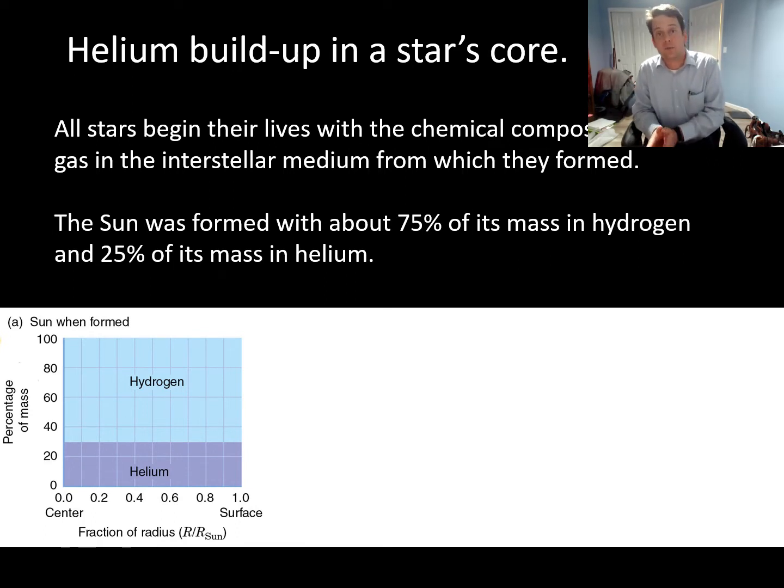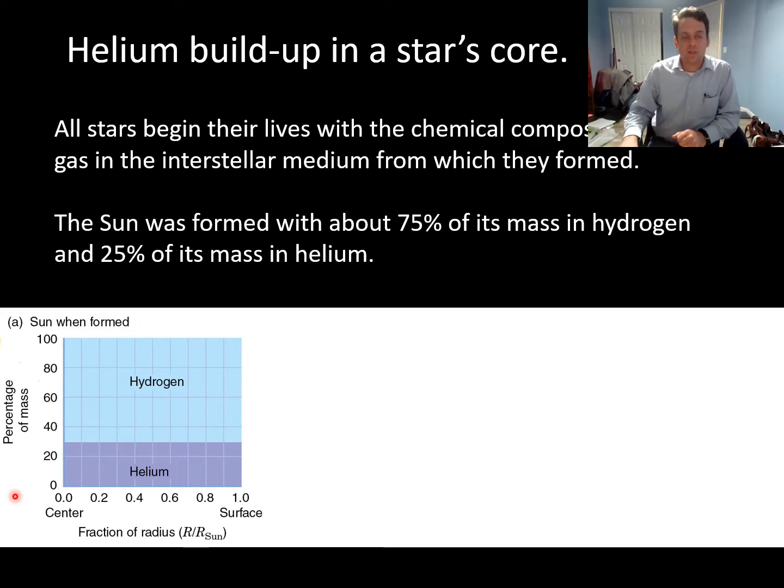Of that 99% gas, it's 90% hydrogen and about 10% helium by atom number, or 75% by mass hydrogen and 25% by mass helium. We typically have been talking about atom number fractions, but in this slide I'm going to talk about mass fraction.